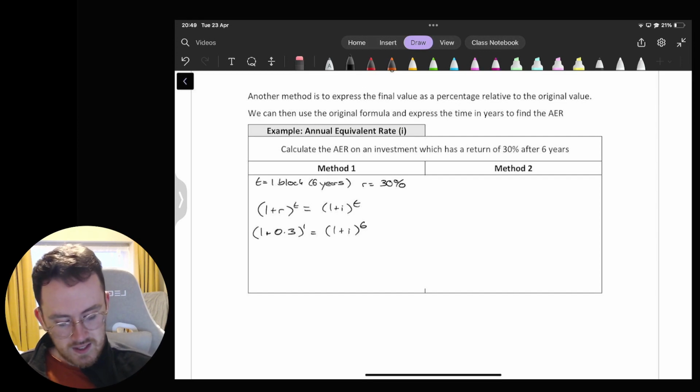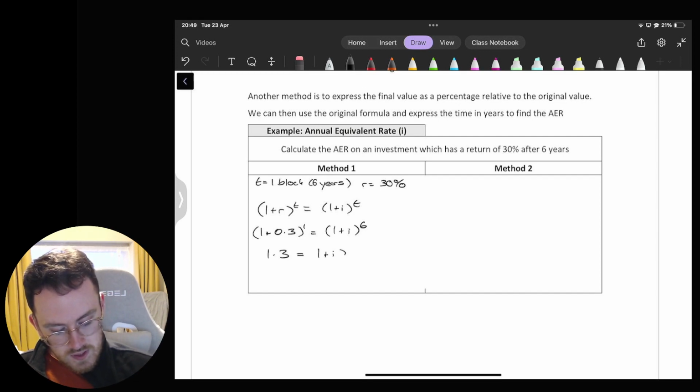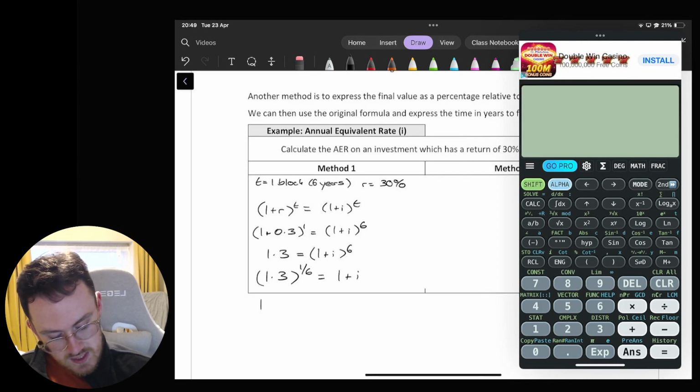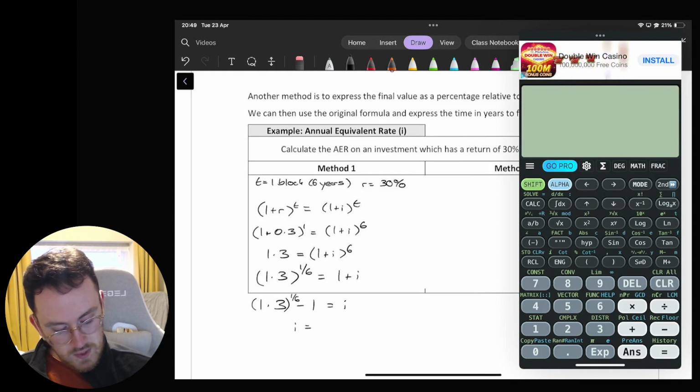I'm calculating that interest. So that's 1.3 equals (1 + I)^6. What I need to do now is solve for I, so I'm going to take the 6th root of 1.3, or rewrite it as 1.3 to the power of 1 over 6. Because I'm trying to solve for I here, I'm going to get rid of the 1 from that side as well.